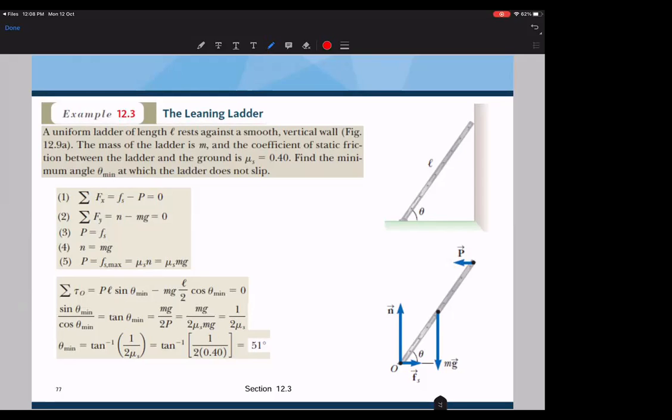So here you have a smooth wall. A smooth wall, by definition, would have no frictional force.